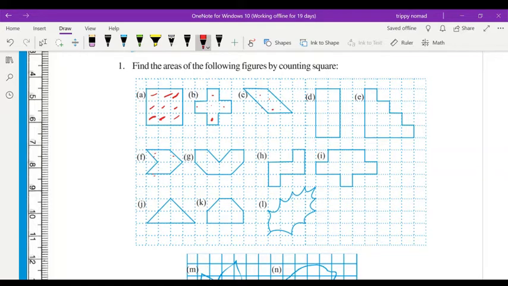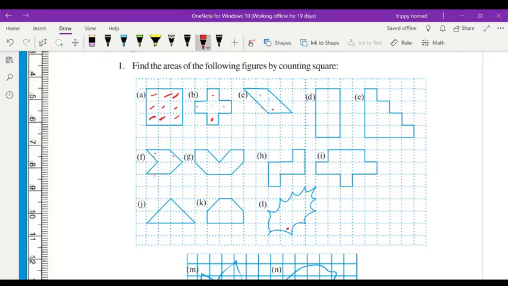Suppose, children, more than half is drawn. If the space covered by any line is more than half, you will count that square as 1. Suppose this one, you will take this square as 1.